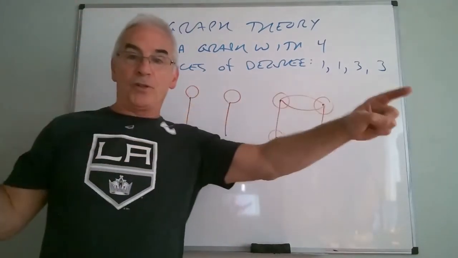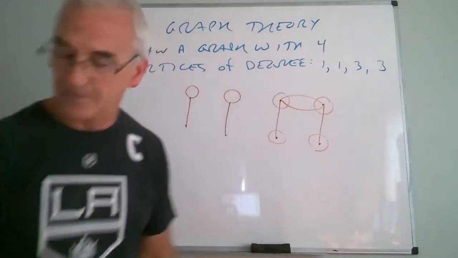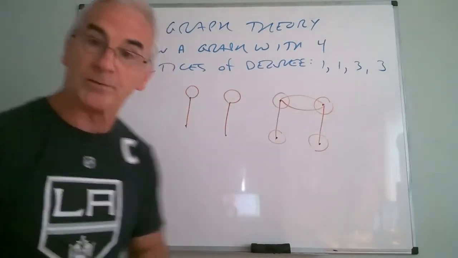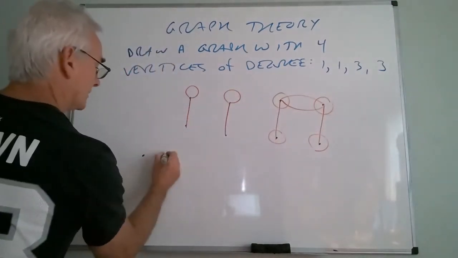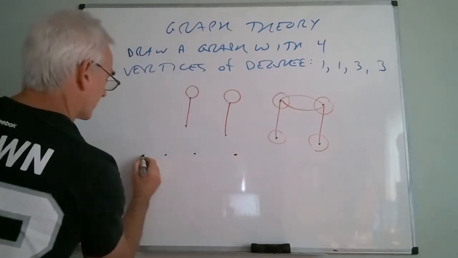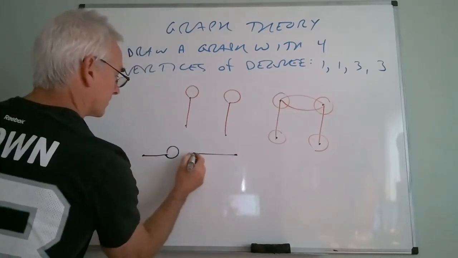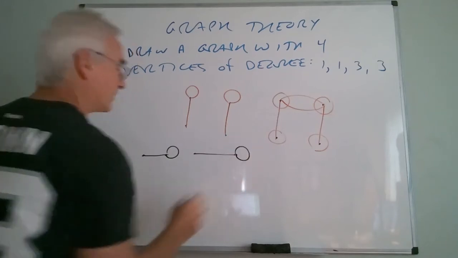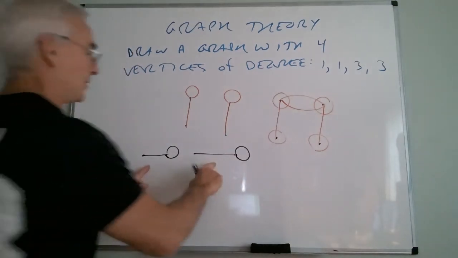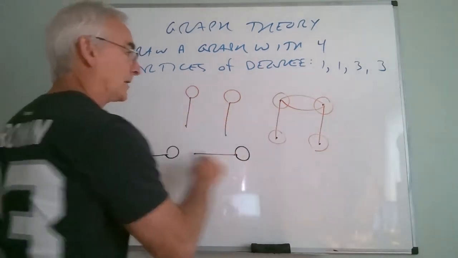Now, if I put all of them in a line, let me give you a topologically equivalent graph to the first one, all in a line. I'll put it over here. This is topologically equivalent to this one, or I could put the loop over here. This one.